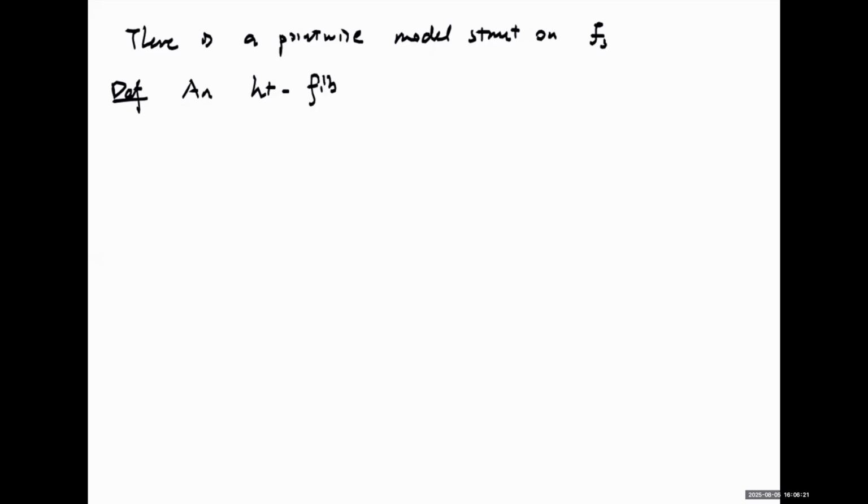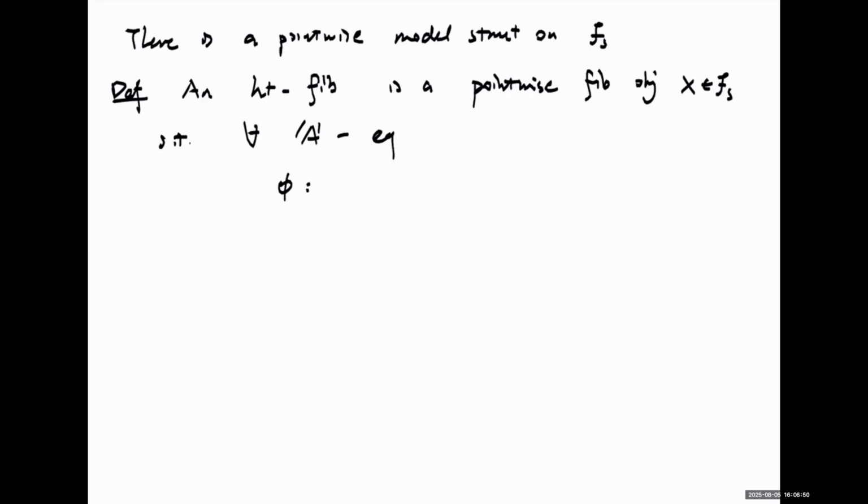So a height fibrant object is a pointwise fibrant object such that for all A1 equivalence phi from U to W in your finite spaces, the induced map X applied onto phi is an A1 equivalence.